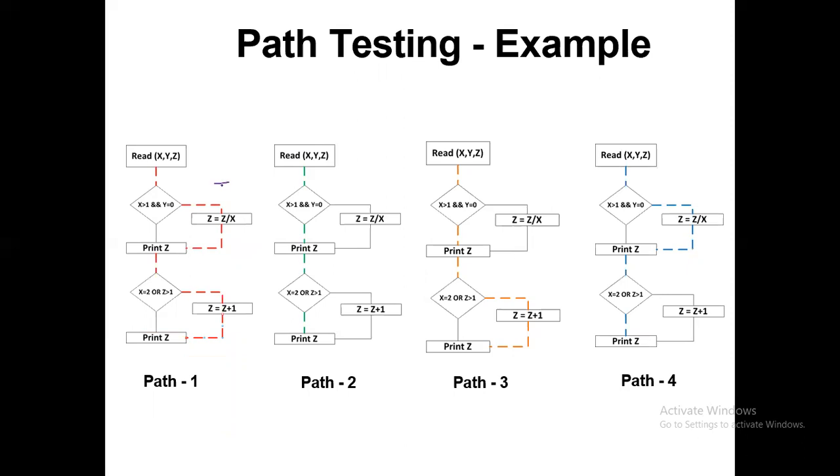So this is true, and again this is true. Now this is false. This is also, sorry. So this is false. Again, this is false, and this is true. This is true, and this is true. So likewise, I can have four paths.